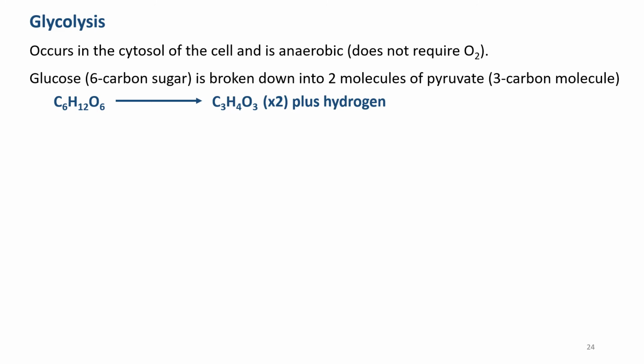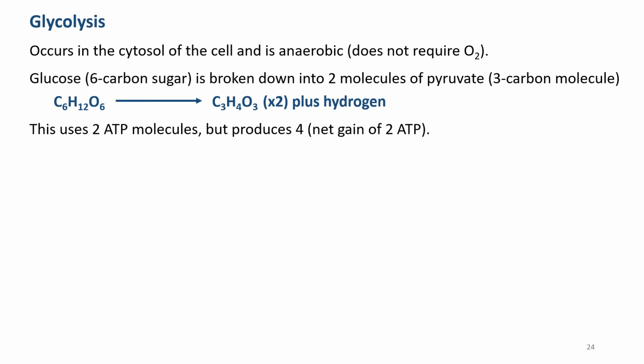H4, so we've used 8 of those 12 hydrogens, and each of them have 3 oxygens, using up all that oxygen within the glucose molecule. This uses 2 ATP, so the conversion of glucose to pyruvate uses 2 ATP, but it produces 4. So we gain 2 ATP, which is not a lot in the grand scheme of things.